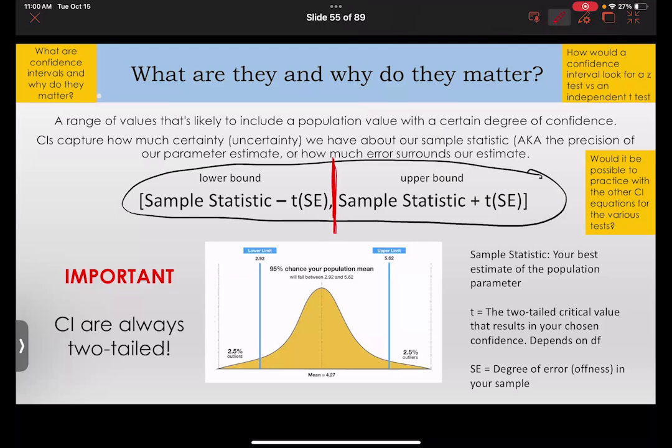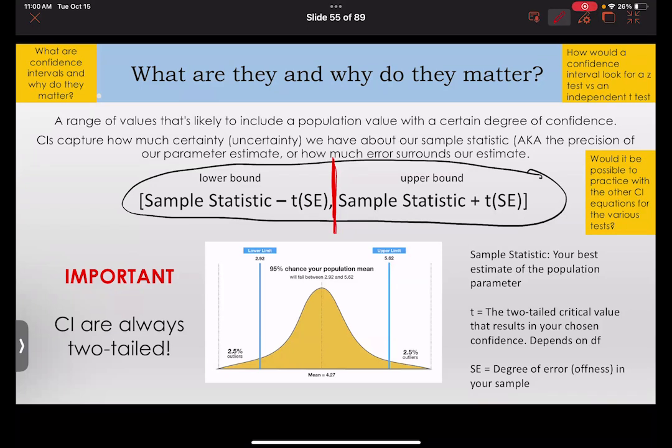Those 3 components are the actual sample statistic you calculated, the point estimate, your T, what? Critical or calculated? Critical. Why is it critical? Because that's the thing that's telling you the 95% part. So T critical aligned to your chosen level of confidence, and standard error. That's the part that tells us how much error is around the estimate you've come up with.